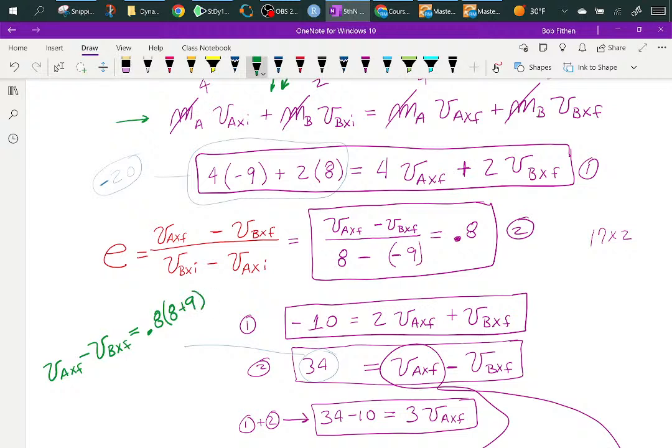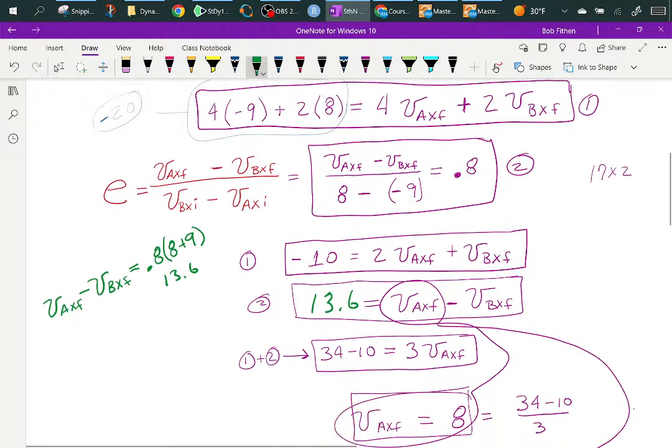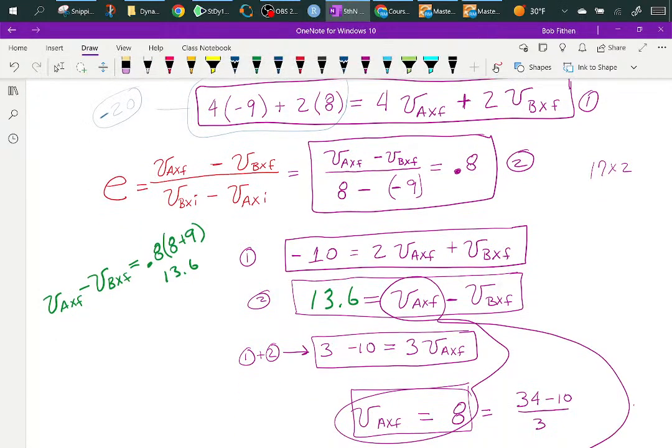Okay, I do not believe that is 34. 8 plus 9 is again 17 times 0.8, 13.6. There is my mistake, 13.6. So this becomes 13.6.